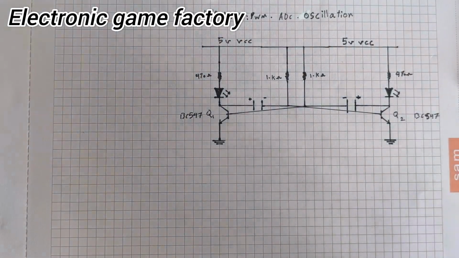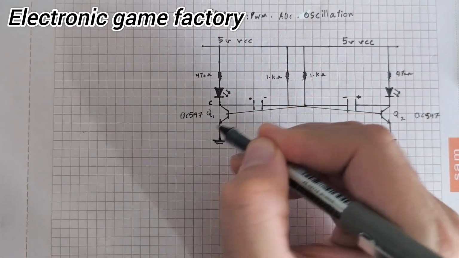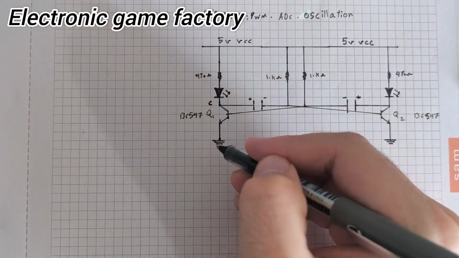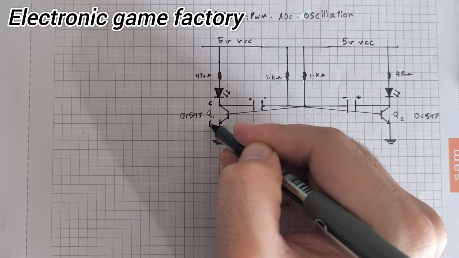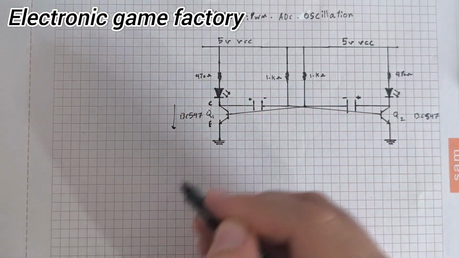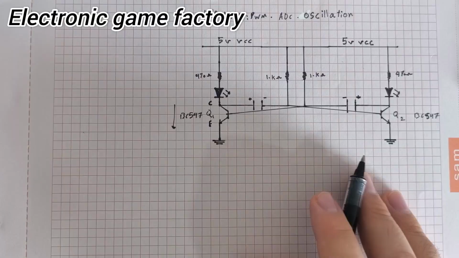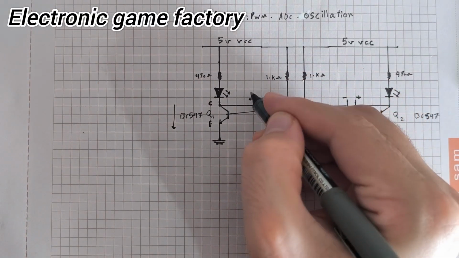So when the collector is connected to the GND, via base trigger, you can see the capacitor will be discharged.